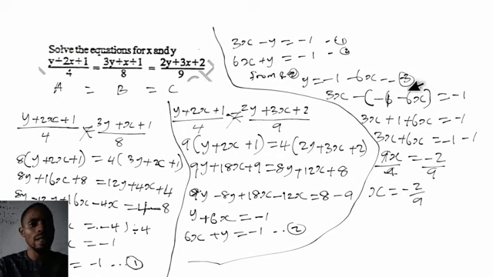So in equation 3 we have y equal to minus 1 minus 6 open brackets, because of this 6s here, and our s is equal to minus 2 over 9.